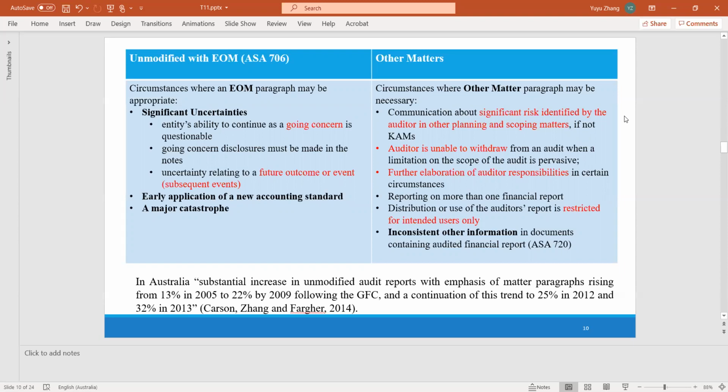Or the auditors have a limitation of scope situation, which is pervasive, but for some reason auditors are unable to withdraw from this engagement. Then auditors will also put other matter paragraph in their audit report.